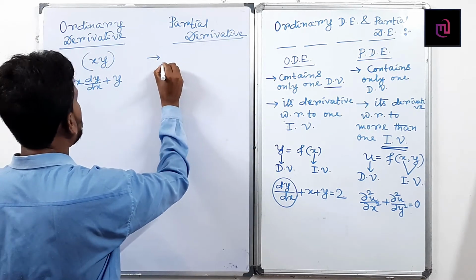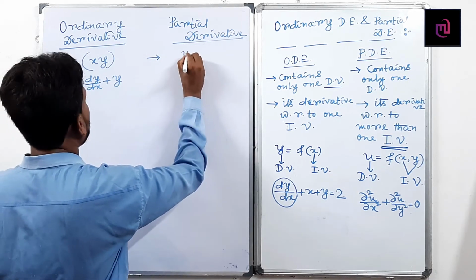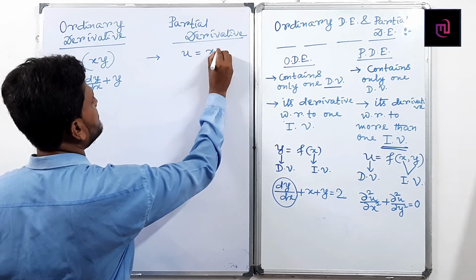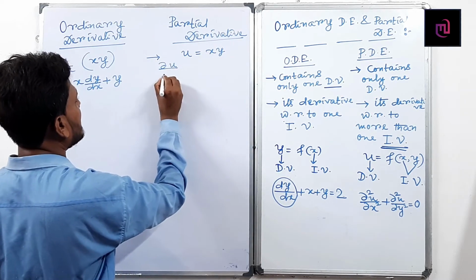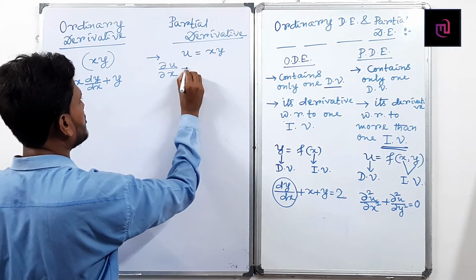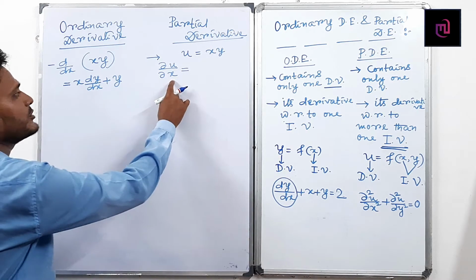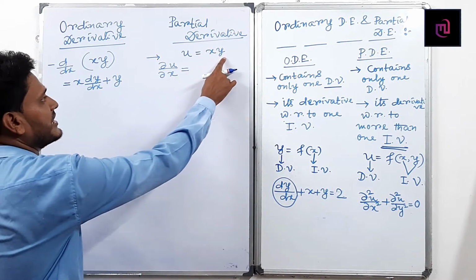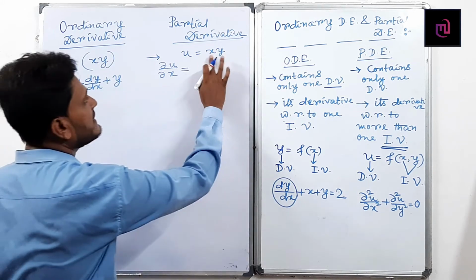Suppose you consider u equals xy. So del u by del x, taking the partial derivative with respect to x on both sides.